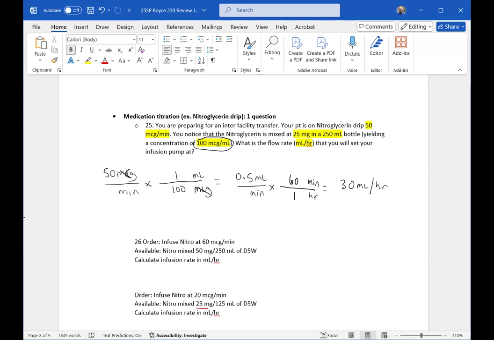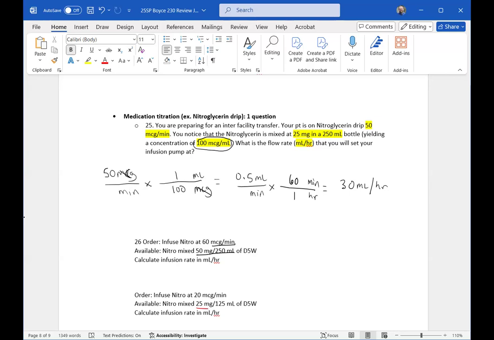Now, for a question like this, when we look down below at number 26, you'll see that your order is in micrograms per minute, but then your available is in milligrams per ml. So you must convert either micrograms to milligrams or milligrams to micrograms in order to compare those things.